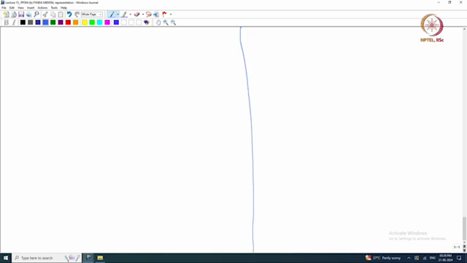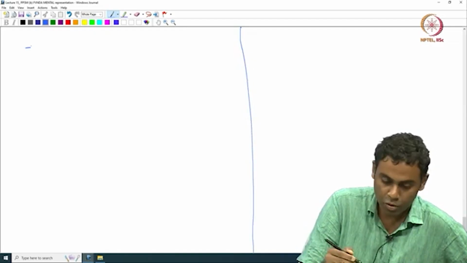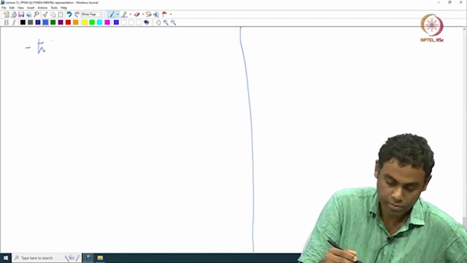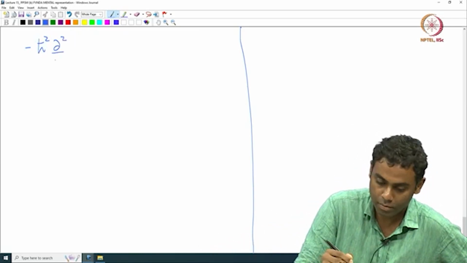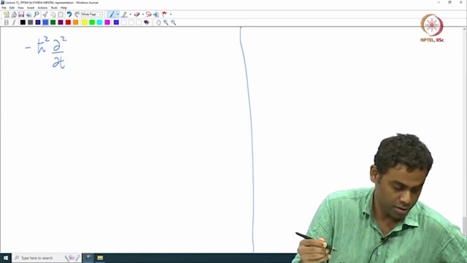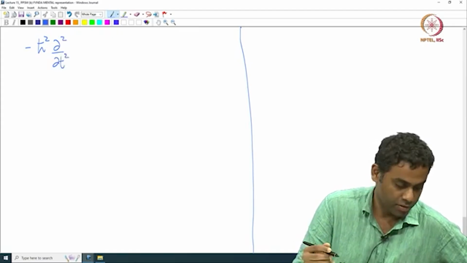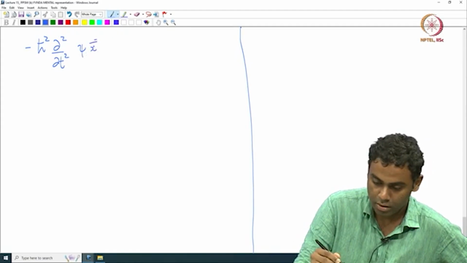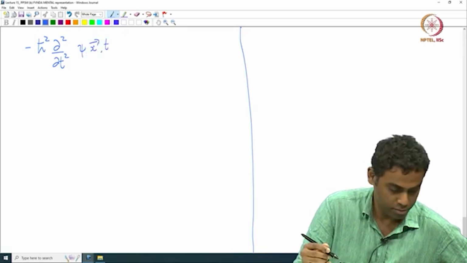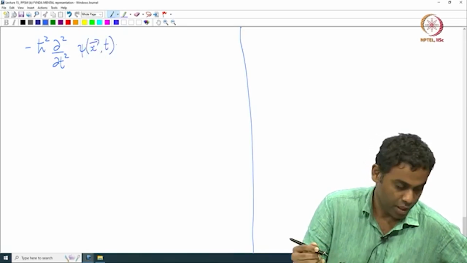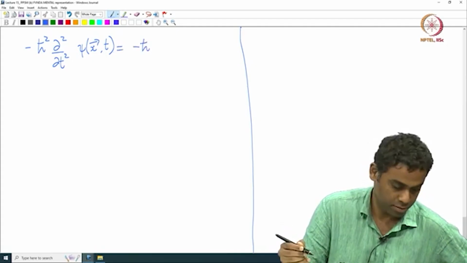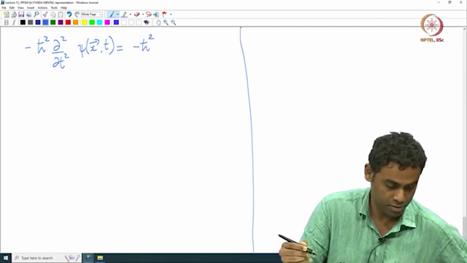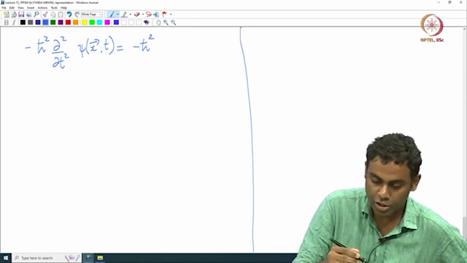In that case, do you agree that this is what I would get? On the left hand side I have this, and on the right hand side I have, so I am going to actually switch sign.